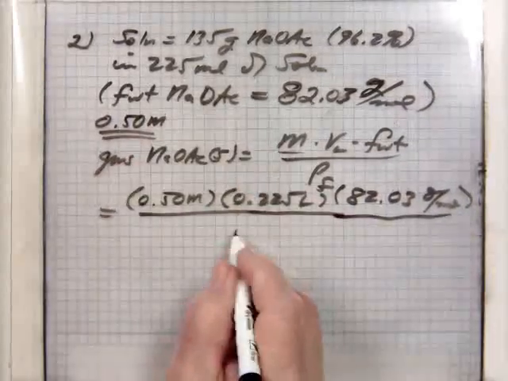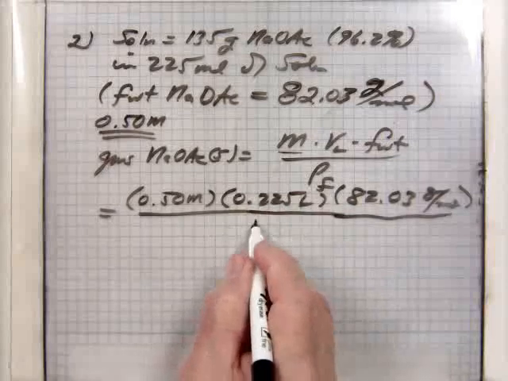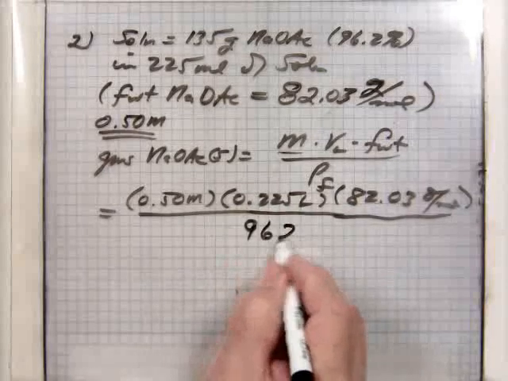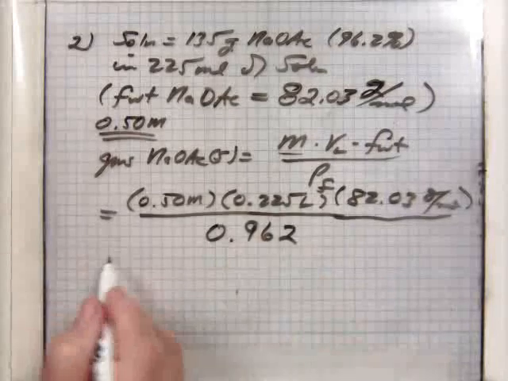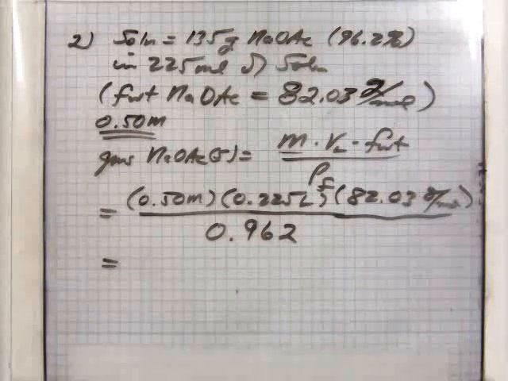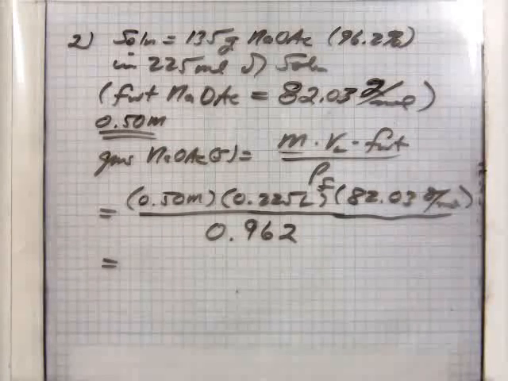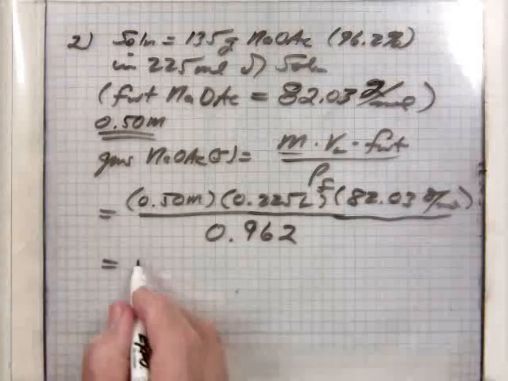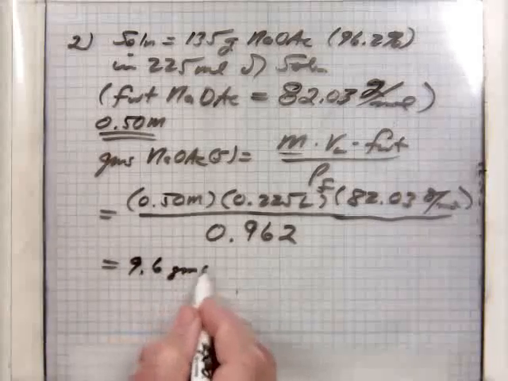The purity factor is given to be 0.962, so that simplifies it a little more. Times 82.962, I got 9.6 grams.